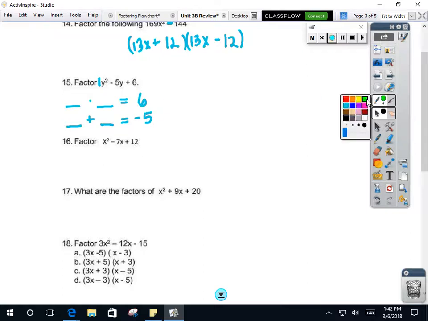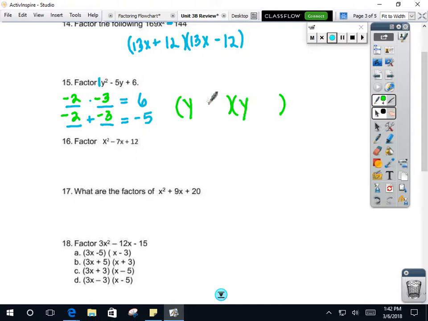And then it shows you on the flow chart that you write them in 2 binomials after you've thought of the numbers, which are what and what? Negative 2 and negative 3. And then you just put a y and a y to make the y squared, and then a negative 2 and a negative 3. And those are the 2 factors of this trinomial, because if you multiply those together by double distribution, wouldn't it take you right back to the question?